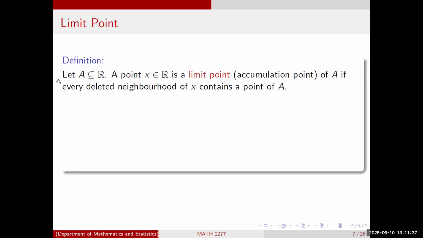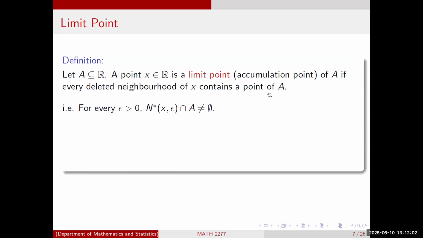So let A be a subset of R. A point x belonging to R is a limit point, or sometimes we say an accumulation point, of the set A if, here's the condition, every deleted neighborhood of x contains a point of A.